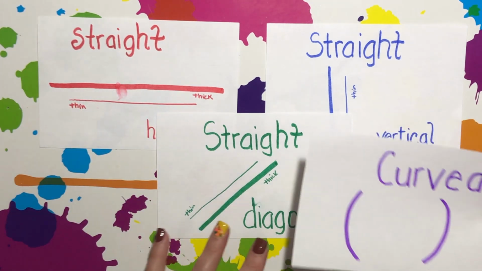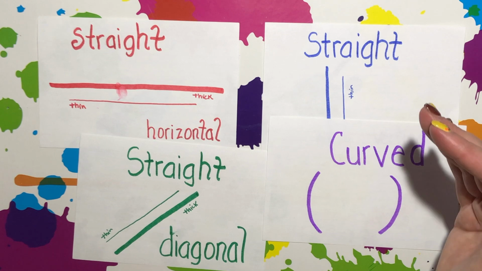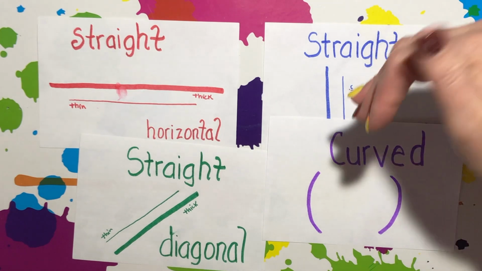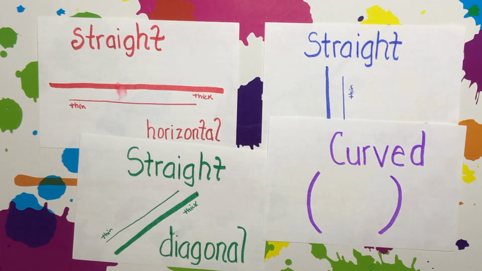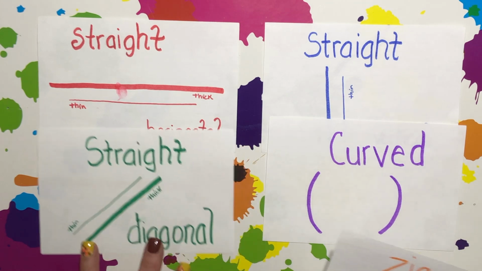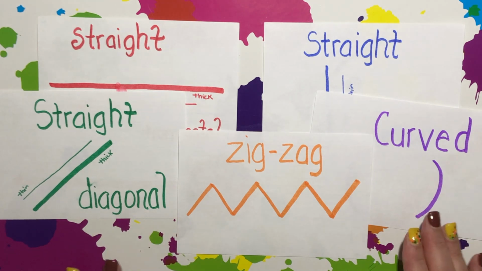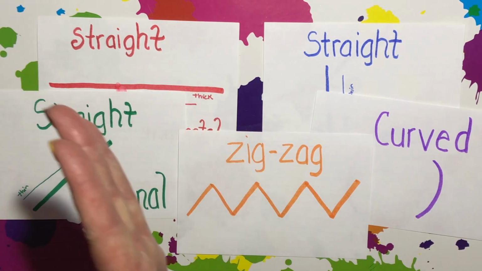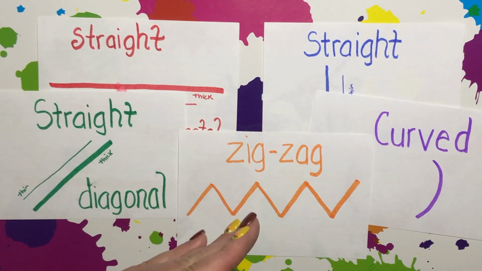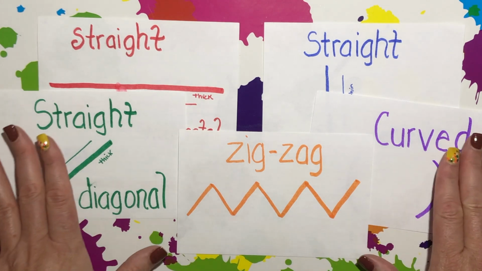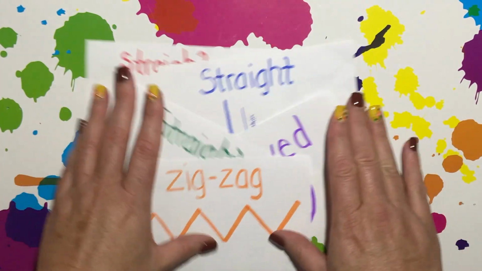Then we have a curved line. That's like the letter C, or like a fish jumping out of water. We have a zigzag, which is definitely like the windshield wiper because it is a diagonal back and forth, back and forth. So now let's take these types of lines and get them drawn on our paper and practice them.